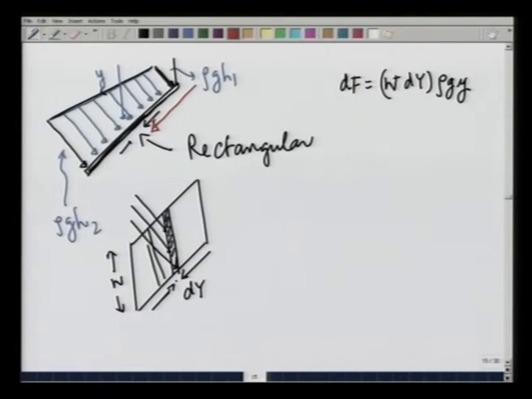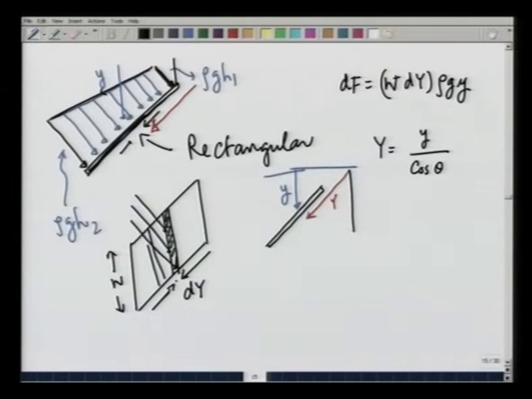So, let me make a picture again. If we have the sheet here, this is the top surface of water, we are measuring small y like this and capital Y like this. So, it is clear that we have capital Y equals y divided by cosine theta, because this is theta and this is theta.